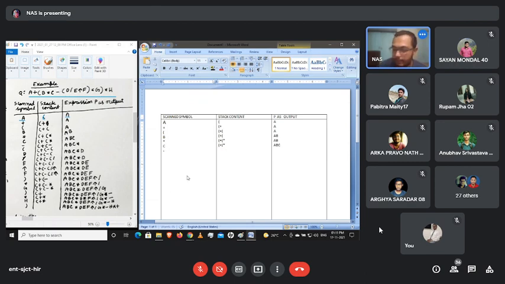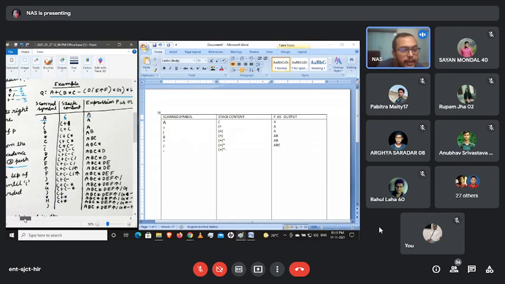Let's write minus here. Does minus have higher or lower precedence than multiplication? Lower precedence. Minus has lower precedence than multiplication.